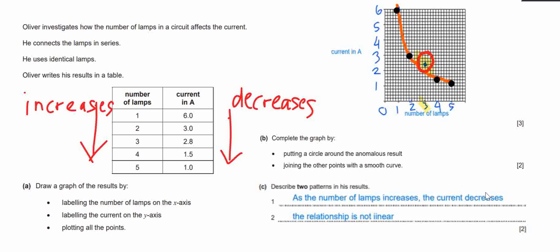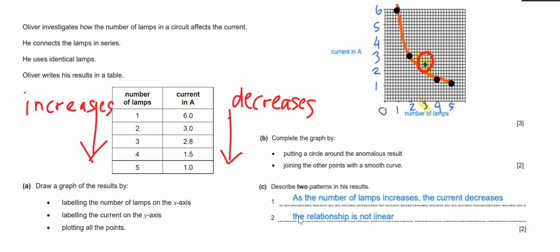That's one simple correct answer for describing the pattern. One parameter increases, the other decreases. You just have to analyze the table.